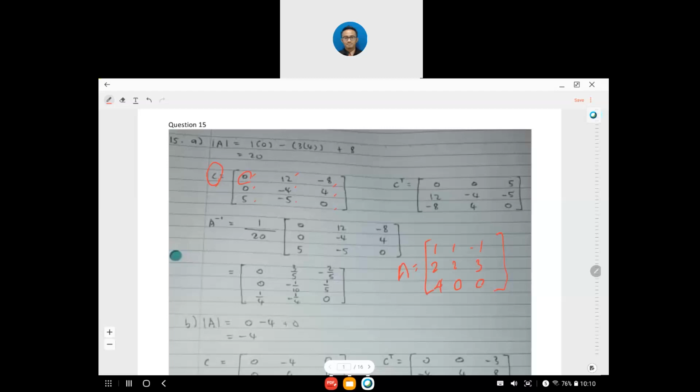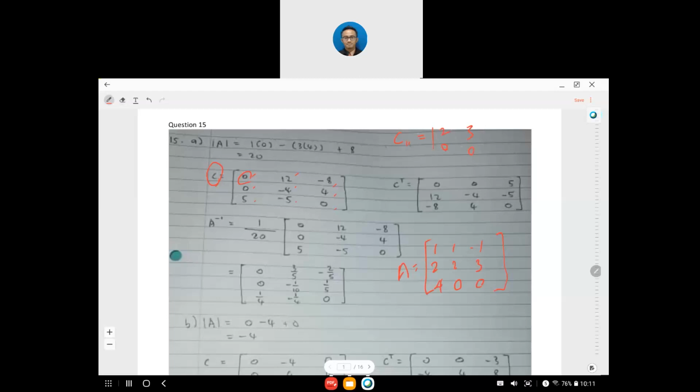For example, cofactor 1,1 you can get by taking the determinant of 2, 3, 0, 0.